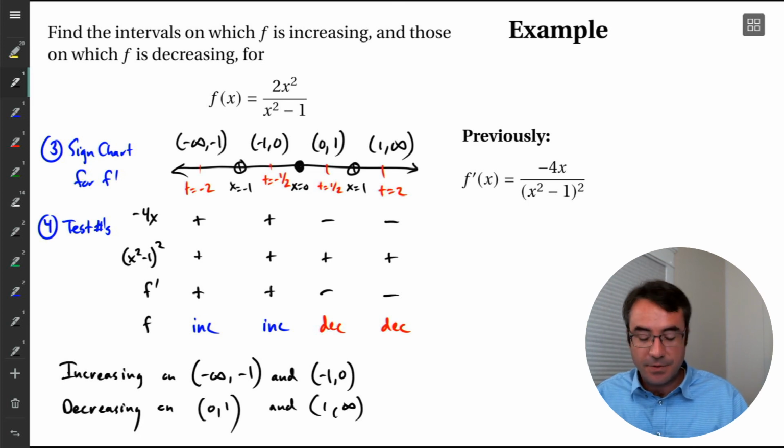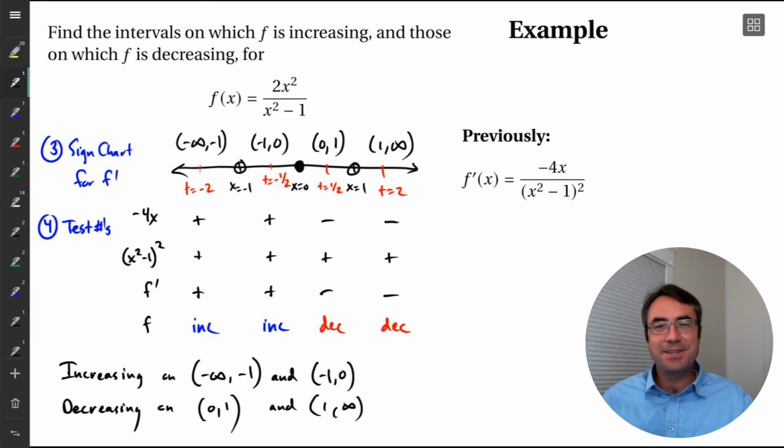Since we found 3 x values, that split it up into 4 separate intervals. And then we used test numbers to figure out the sign of f prime on each of those 4 intervals. And that told us then what f was doing. So when f prime is positive, f is increasing. When f prime is negative, f is decreasing.